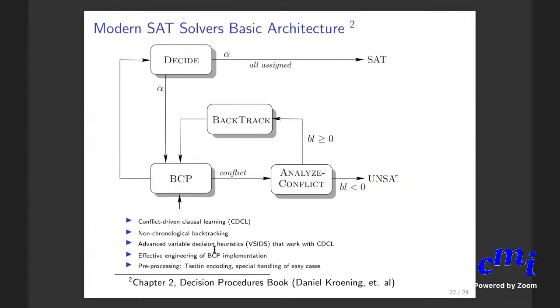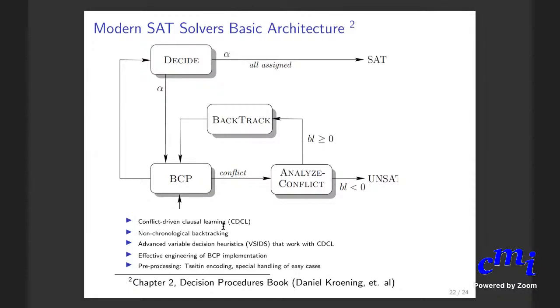And one of the two most prominent improvements was learning from conflicts, learning some clauses that could block future such conflicts.